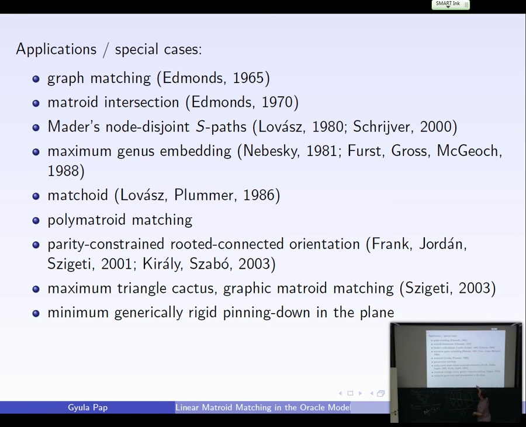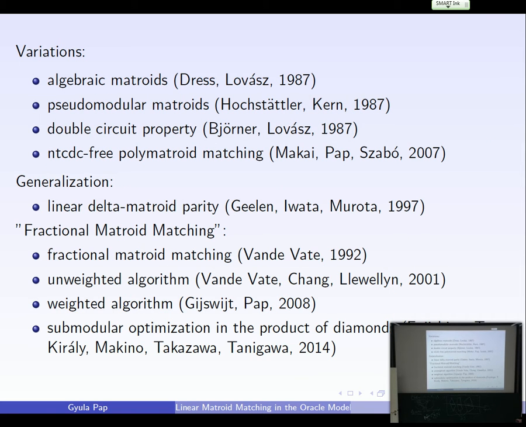There are a few other ones, but I don't want to spend too much time with this. There are some generalizations, and the most astonishing generalization is to linear delta-matroid parity, when we do delta-matroids instead of matroids. And there's another way to consider fractional relaxation of matroid matching.